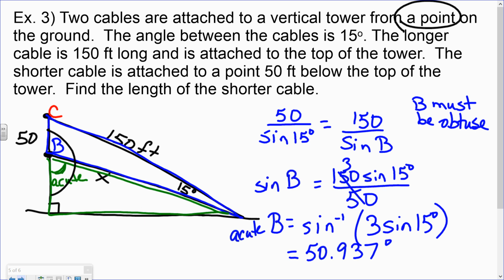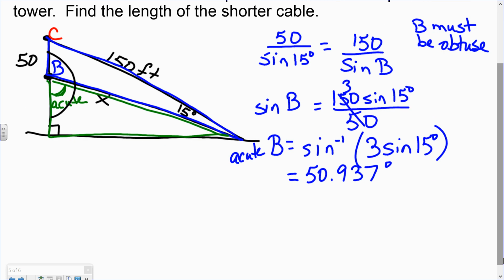We need to subtract it from 180, so maybe multiply that by -1 so that it's a minus, and then do the plus 180. So our real B is going to be 180 minus that acute B. And what does that give you?